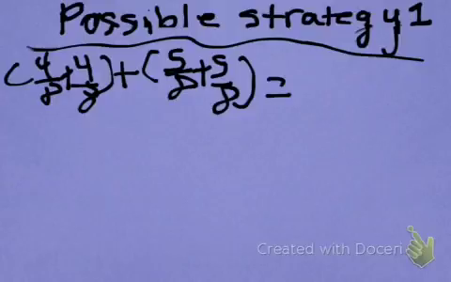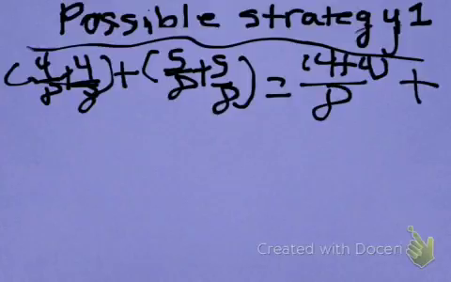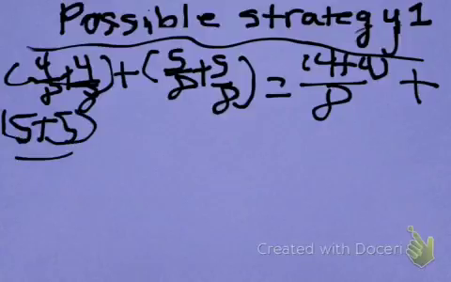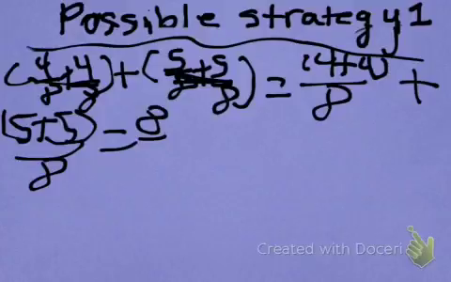That equals, in parentheses, 4 plus 4, because right here it has 4 plus 4, which is 8, plus, in parentheses, 5 plus 5, because right here it has 5 plus 5. That equals 8/8 plus 10/8.